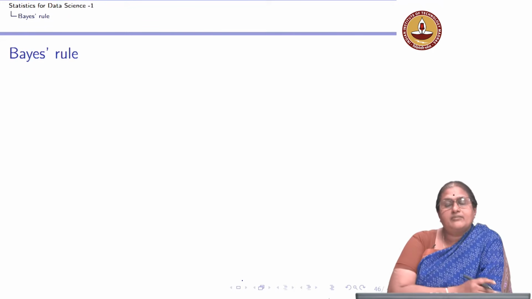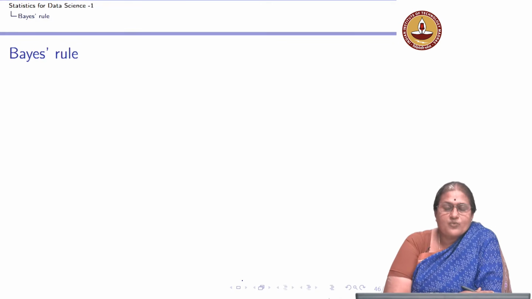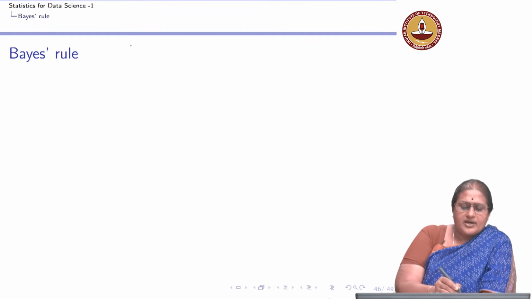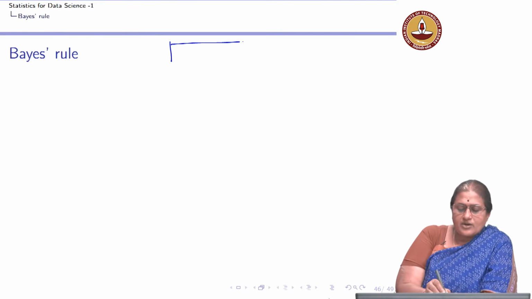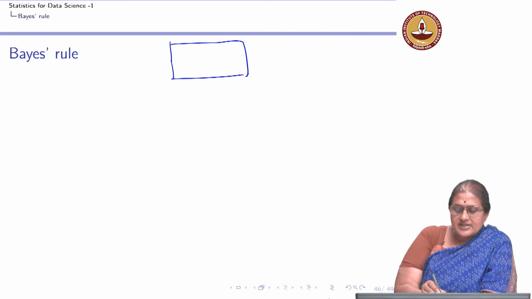Now, we come to state what is very important and very popularly referred to as the Bayes rule. Recall what we had in the law of total probability: suppose I have two disjoint events F and F complement, and I have an event E here.